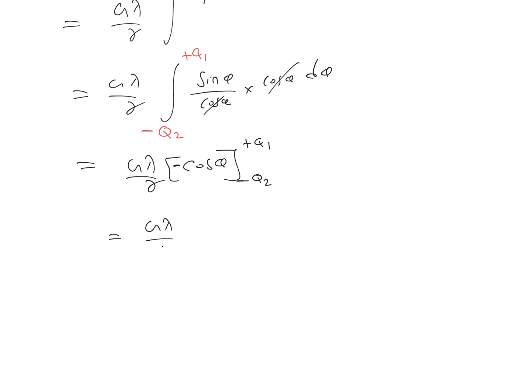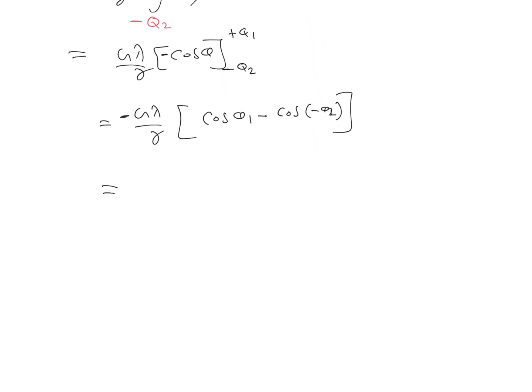So we can take this negative sign outside, minus of G lambda by r. We put the higher limit, cos theta 1, minus cos of minus theta 2.